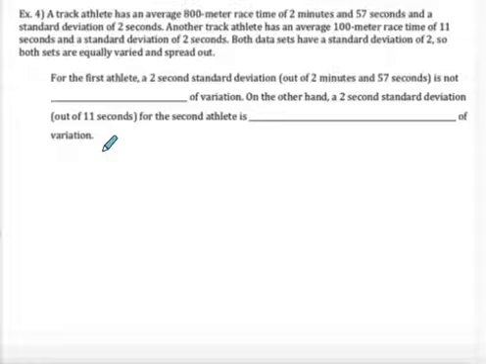They both have a standard deviation of 2, okay? But think about how much time is elapsed during that trial or experiment. The first athlete has a standard deviation of 2. That's 2 minutes and 57 seconds with a 2-second variation to the left and to the right. That is not a lot of variation.